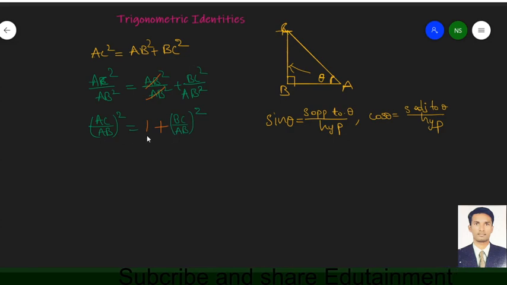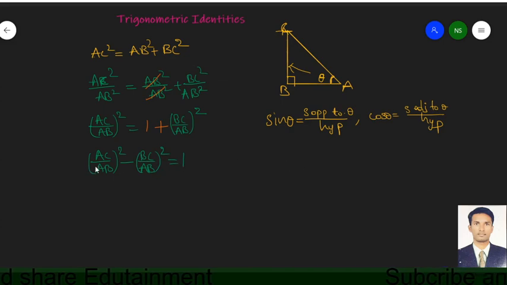Okay, and I can rewrite it as AC by AB whole square minus BC by AB whole square, which is equals to 1.